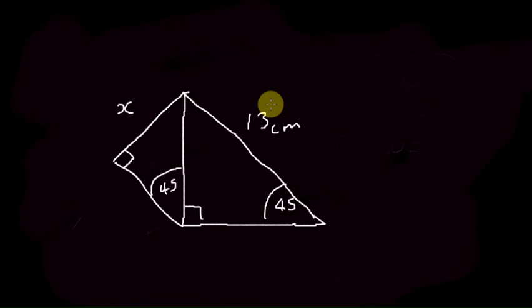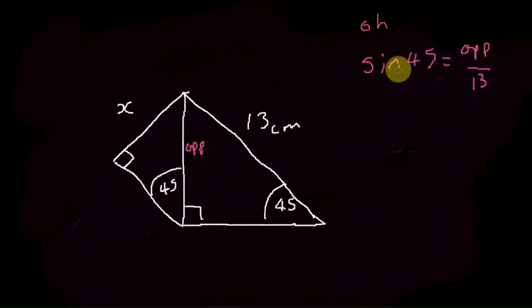So we want to find the opposite. So let's just do it. We've got the opposite. We've got the hypotenuse this time. So we know that that's sine 45. That's going to be the opposite over the hypotenuse, and sine 45.